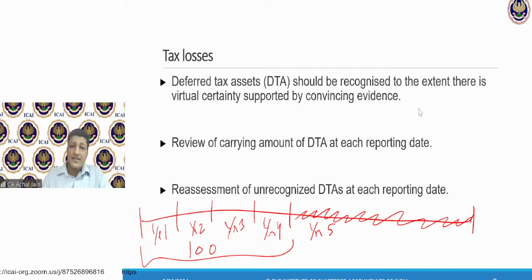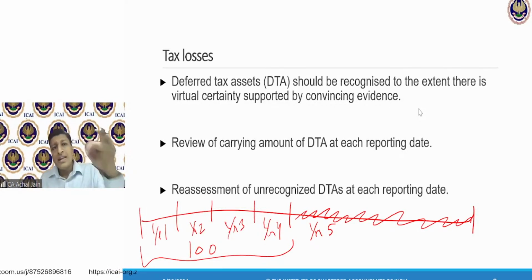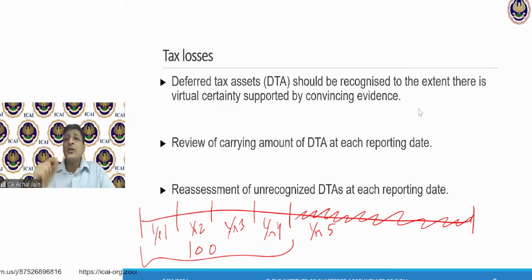Now the question arises: should we recognize deferred tax on the timing differences originating from tax losses? Before I get to that answer, help me assess this tax loss. If we are calling this tax loss a timing difference, what do you think this is going to create, a deferred tax asset or a liability?